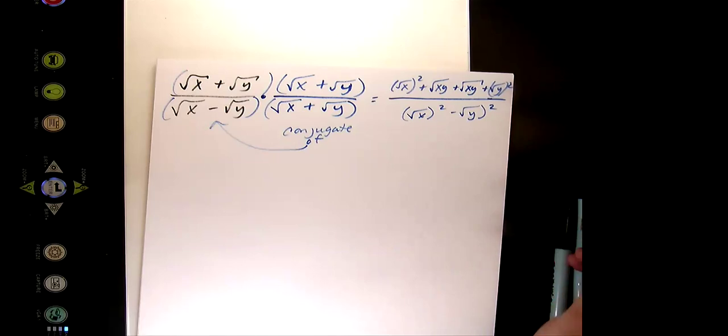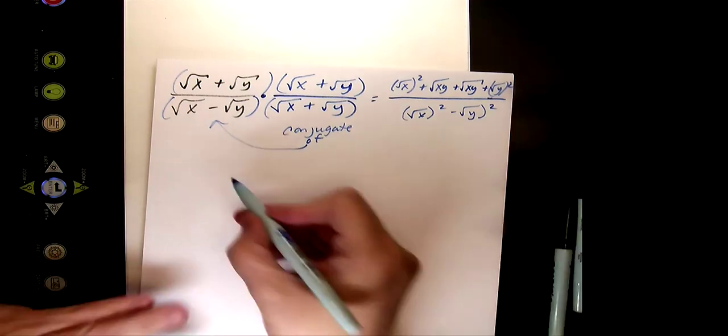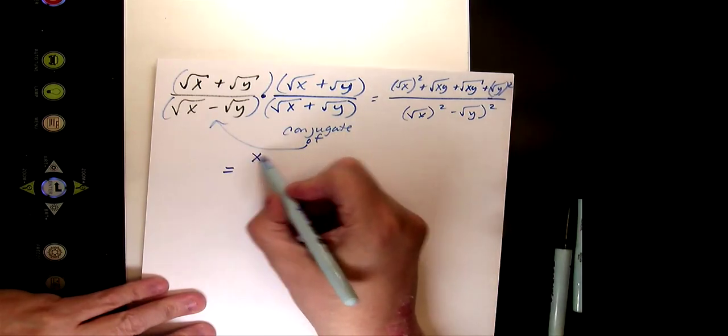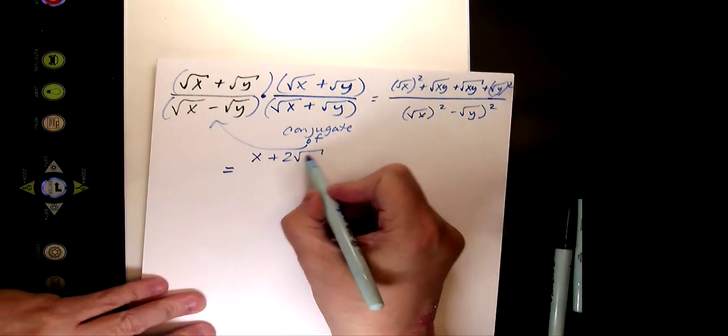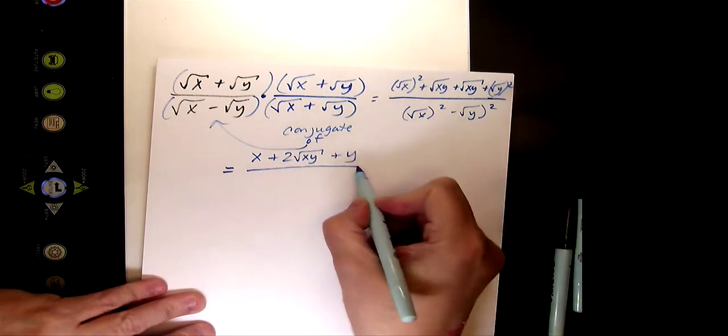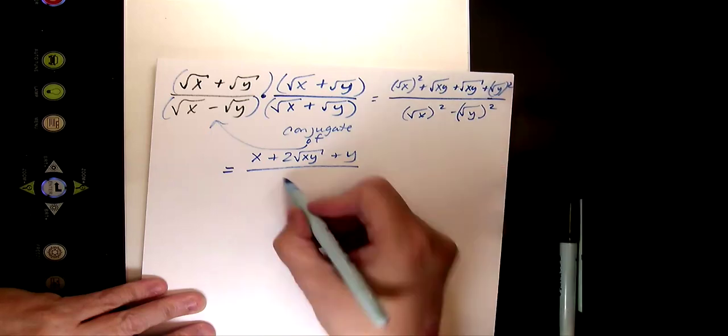And I haven't cleaned up anything yet, but the top is gonna have x plus 2 square root xy plus y. And the bottom is just gonna be x minus y.